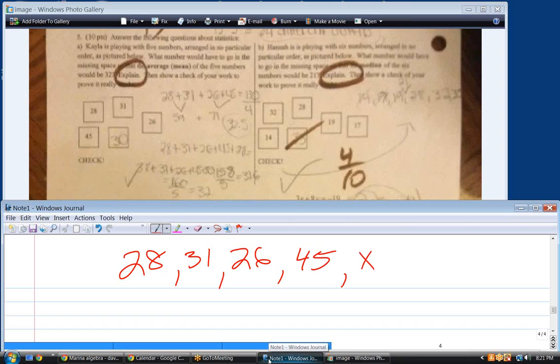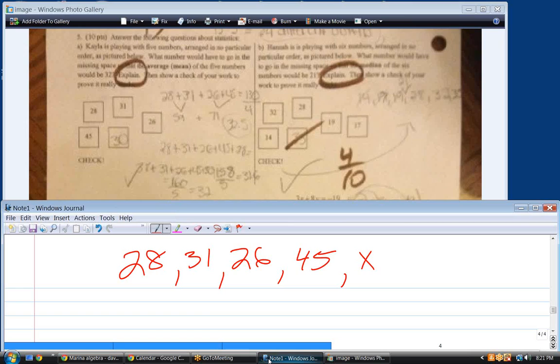So our 5 numbers are 28, 31, 26, 45, and some unknown number. And we want the average of those 5 numbers to be 30.